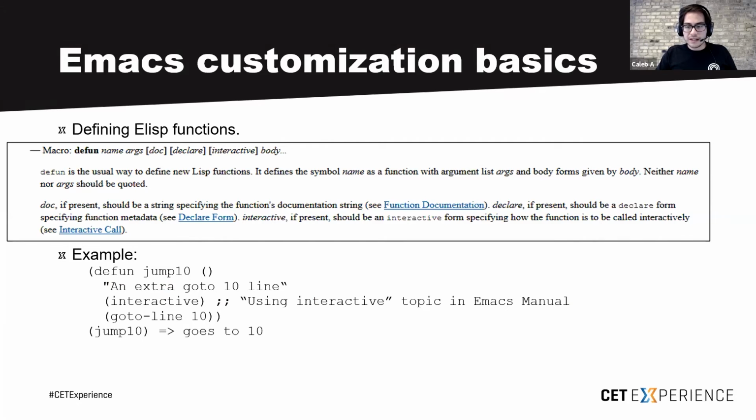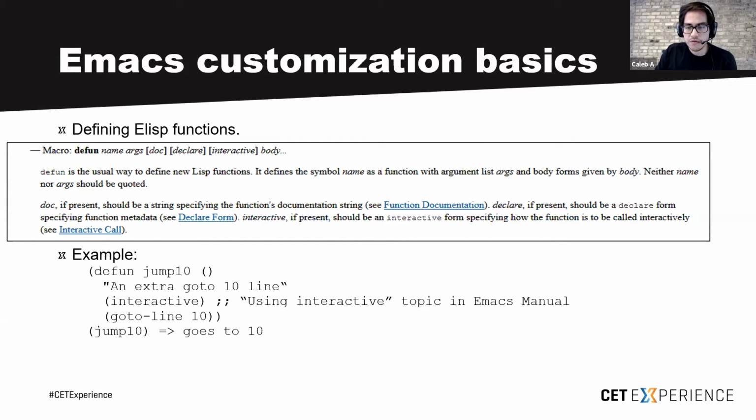With the interactive portion, you are able to define even how to interact with your function, if there's user input or extra arguments. But for the sake of time, we will leave default interactive since we don't have any arguments in this case. If you want more info on that, you could read about it in the Emacs manual.